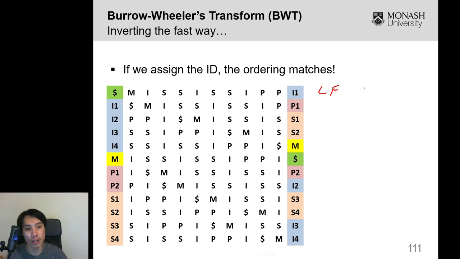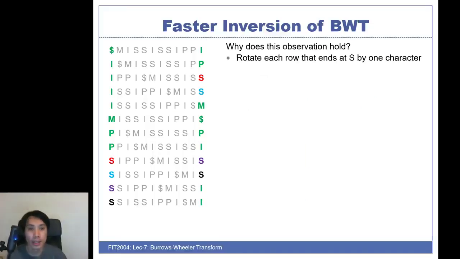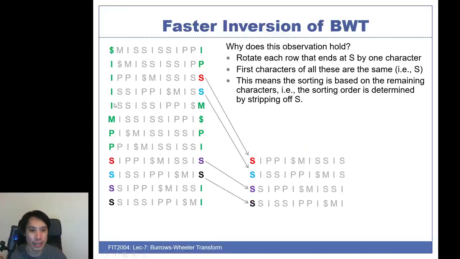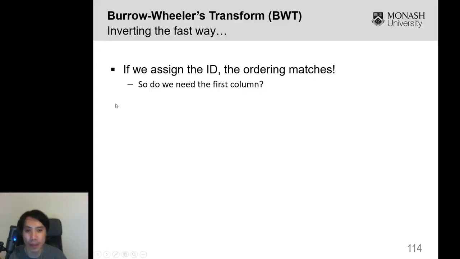What LF mapping does is map the last with the first, so S3 will be mapped to S3, L4 will be mapped to L4. This is what we call the LF mapping. This is the same thing I've explained, but I think I explained it better.